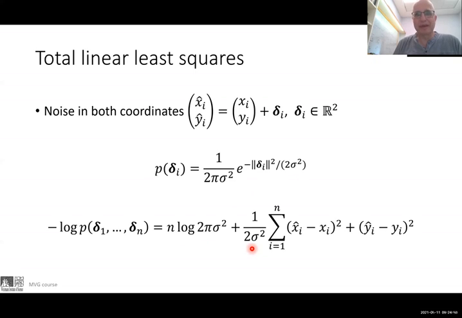Again, we can take that out of the minimization, times the norm of delta squared, which is just (x̂i - xi)² plus (ŷi - yi)². And the true xi and yi are given by the model.